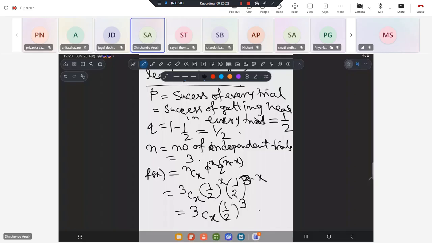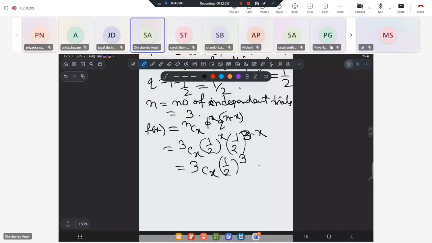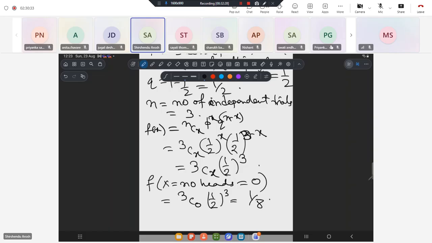So it is constant, since the probabilities are both the same, half to the power 3 is constant. Now, success x is equal to the number of heads. So x is equal to 0: 3C0 half to the power cube. That means 1 by 8. Right?